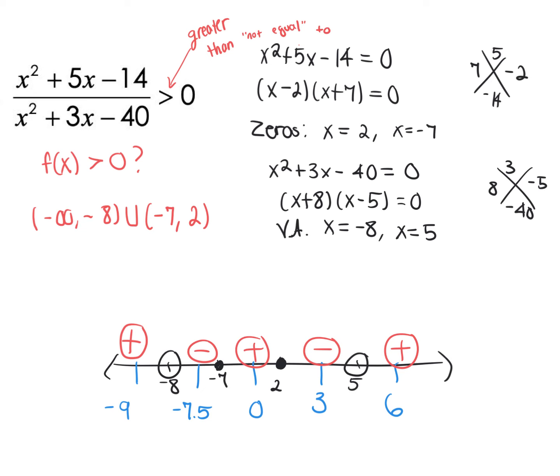And then we're going to have union 5 to infinity, again, not including the 5. And we're not including the 5 because of the vertical asymptote.